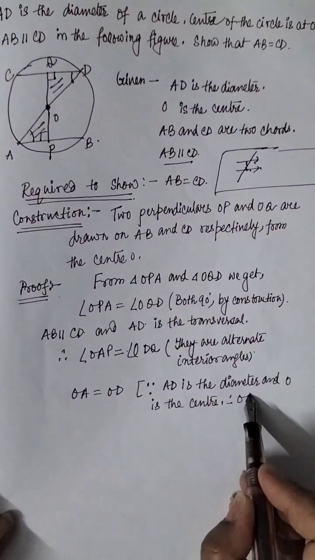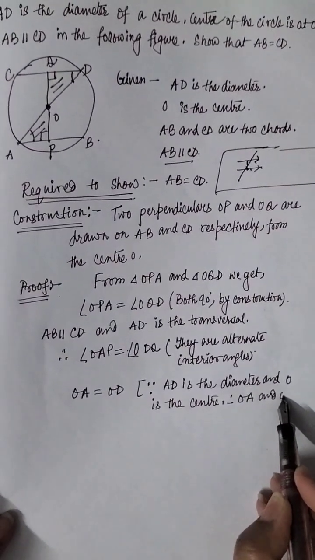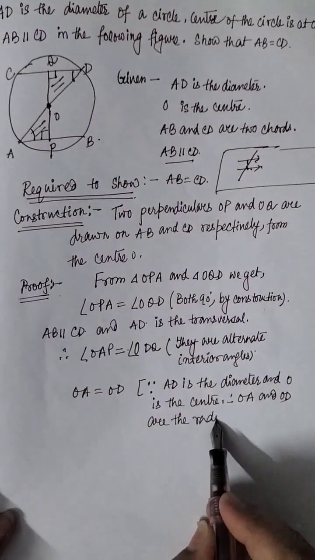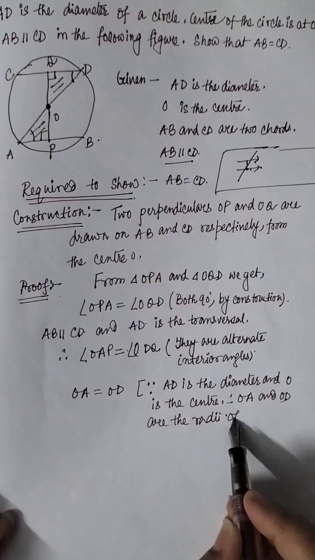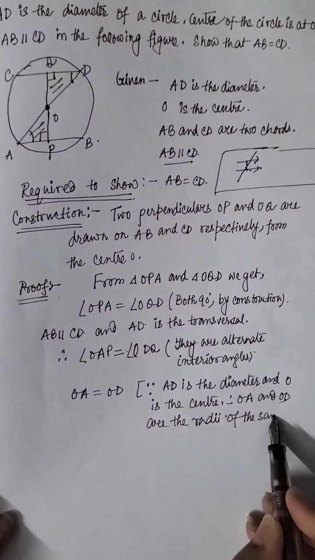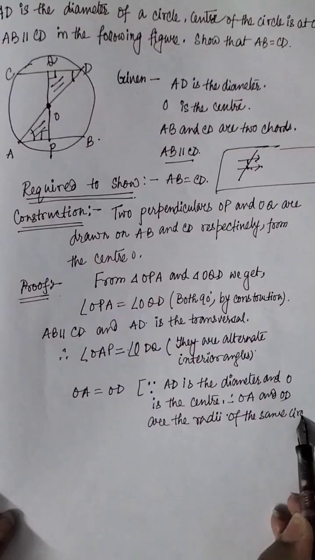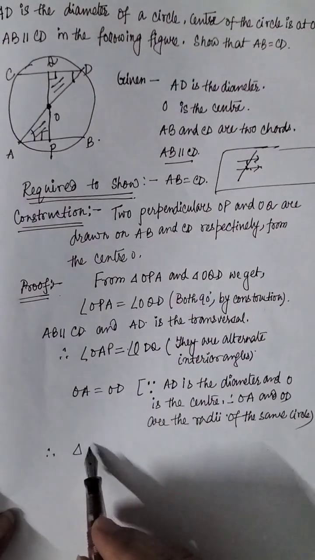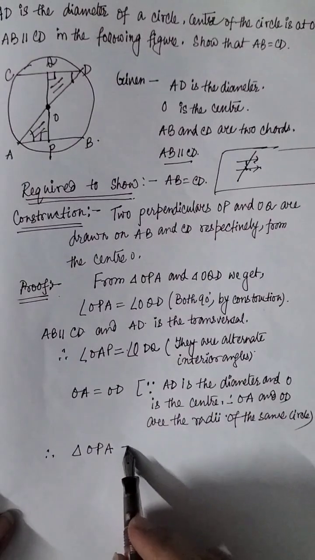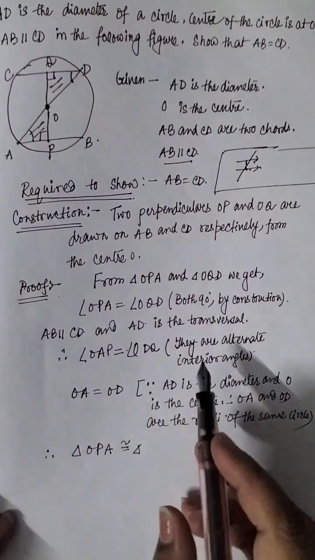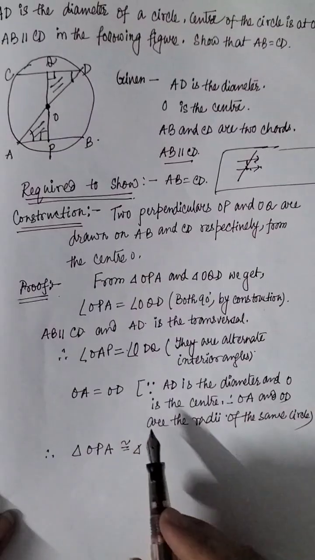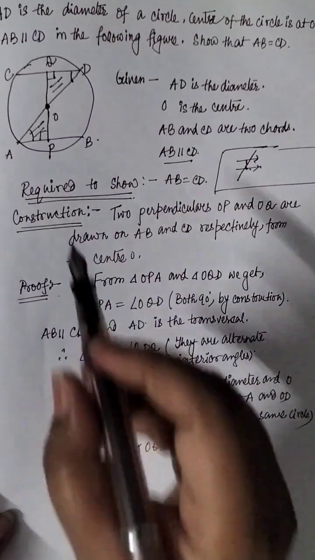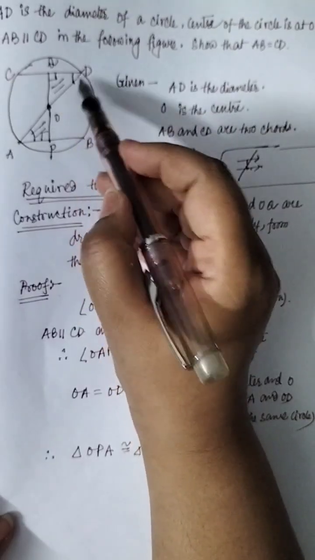So OA and OD are the radii of the same circle, so they are equal. So we can say triangle OPA is congruent to triangle OQD by which condition? Yes, angle side condition.